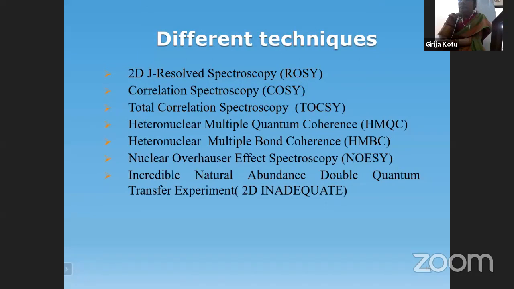Then total correlation spectroscopy, then heteronuclear multiple quantum coherence, then heteronuclear multiple bond coherence, and then nuclear Overhauser effect spectroscopy, and finally the incredible natural abundance double quantum transfer experiment, which is INADEQUATE.